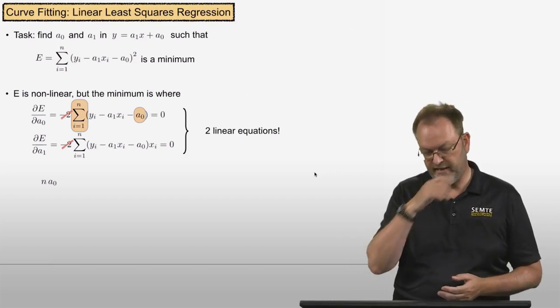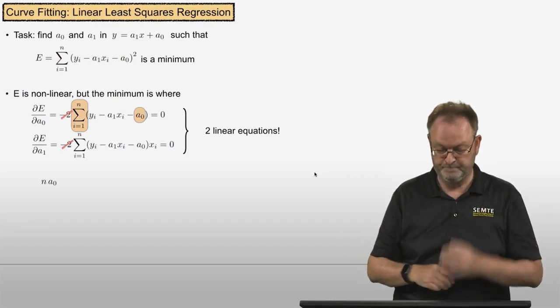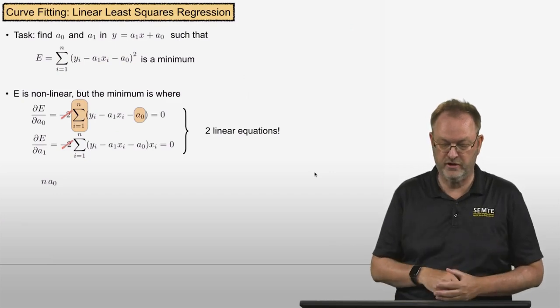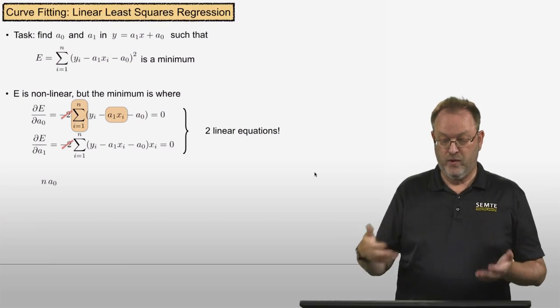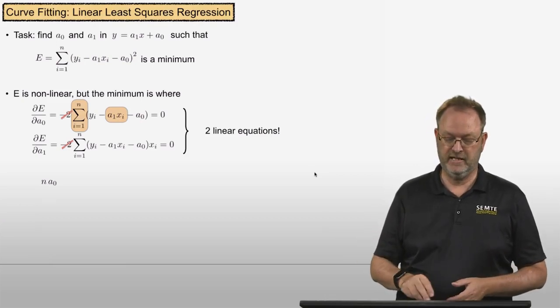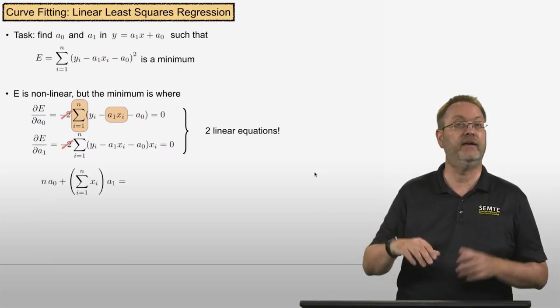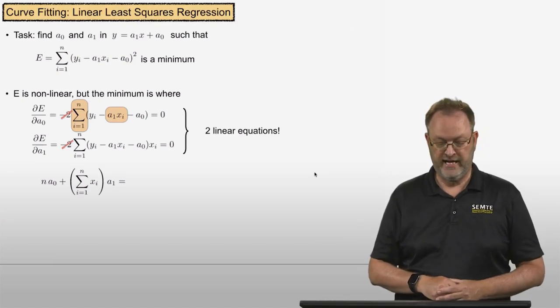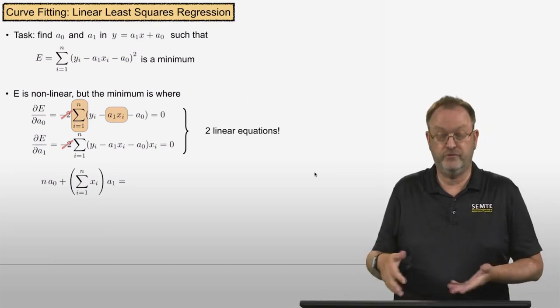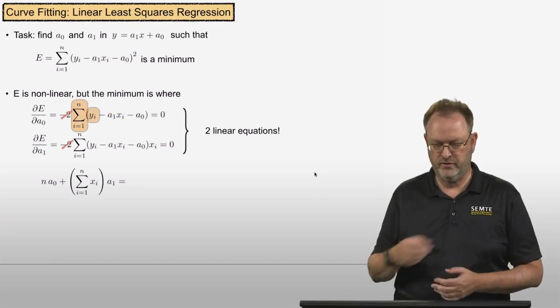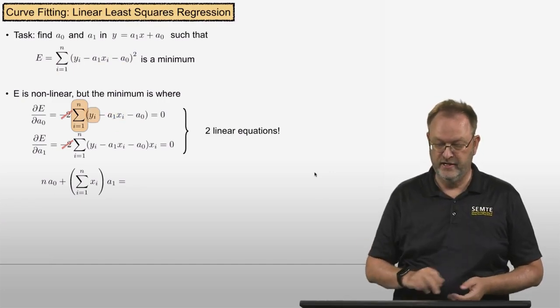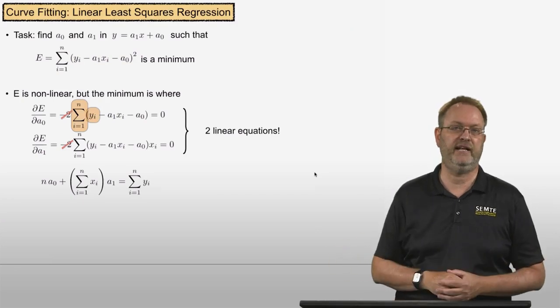And I'm going to divide by the -1. So n times a0. Then I have the sum of a1 times xi, right? So there I can pull the a1 out of the sum. So I have the sum of all the xi values times a1. And that is equal to, on the right-hand side, the sum of all the y values.